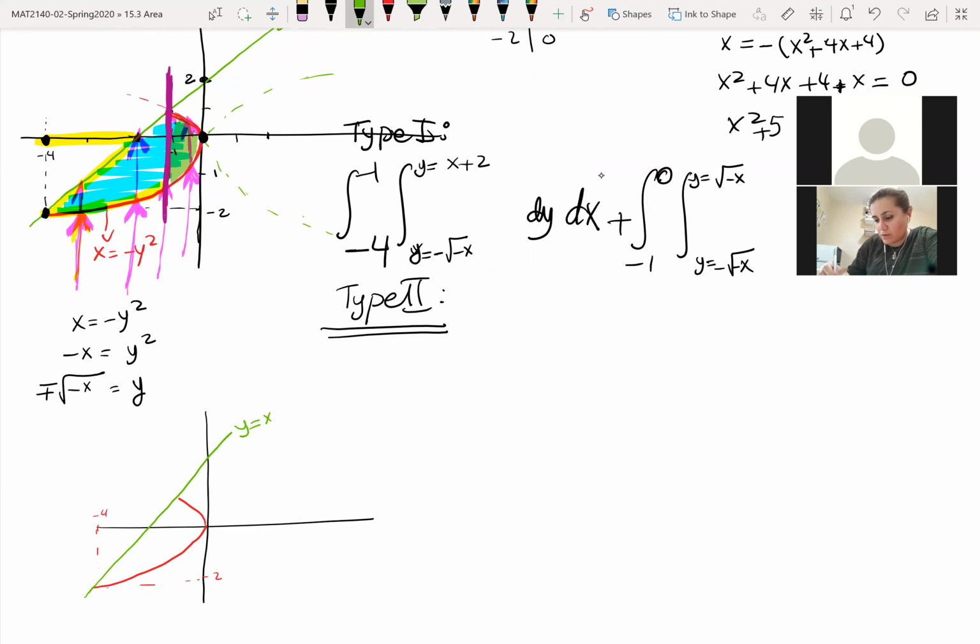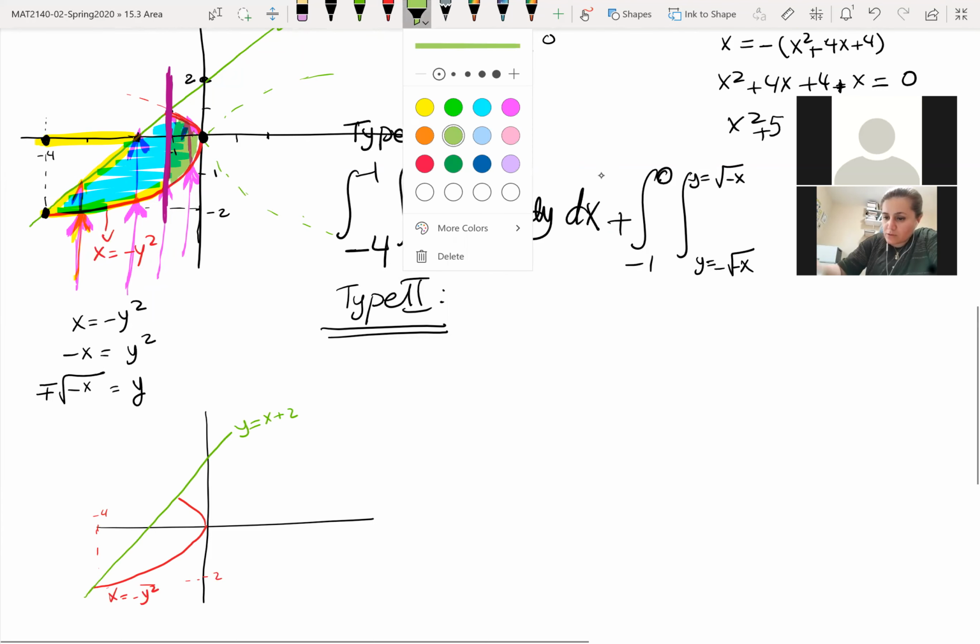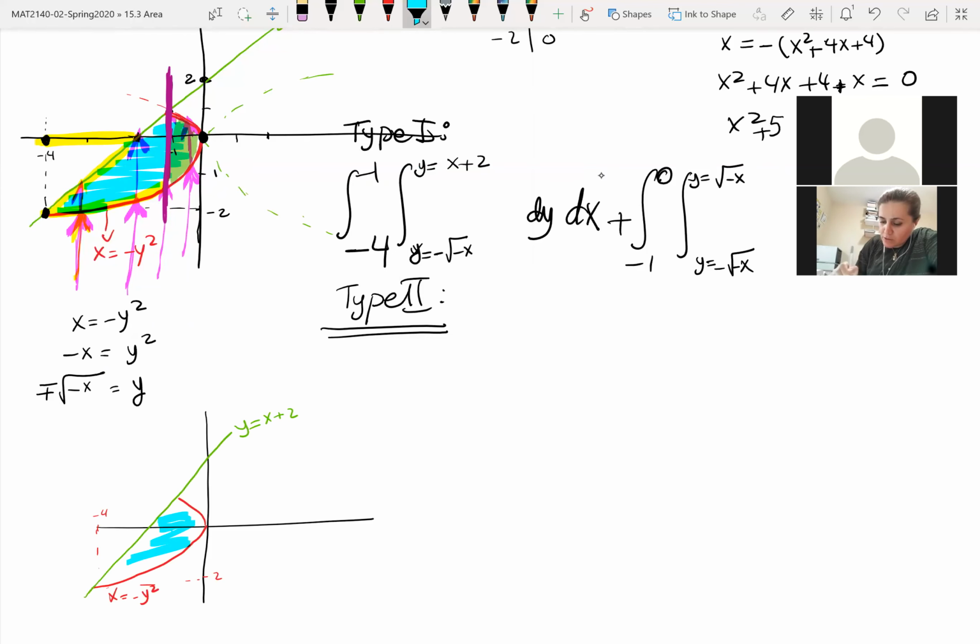This is y equals x plus 2, and this is x equals negative y squared. That was originally the region of integration. If you're supposed to write it in type 2, you start with the y, going from the smallest value of y to the highest value of y, from here to here.